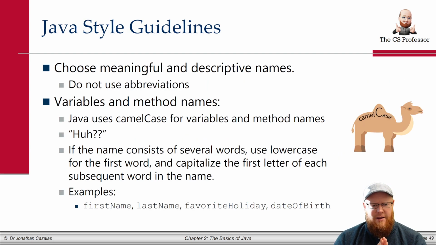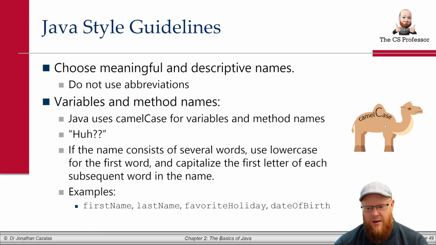Some style guidelines. In Java, there are some styles that we want to follow. You don't have to follow them, but when you're working with a team, other developers, you need to fall in line and make sure you follow the correct styles. So the first thing, you see this picture of a camel here, which is kind of funky, but why do I put that? Because the style for variables in Java is called camel case, which is kind of weird, right? Camel case.